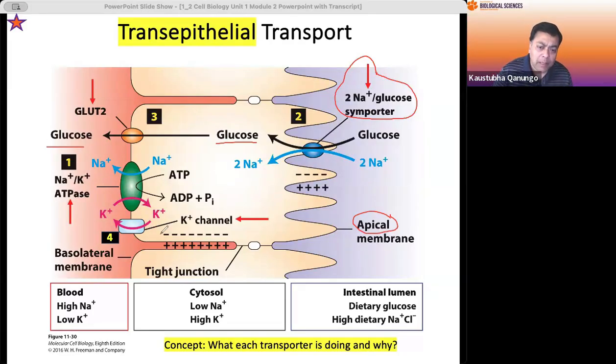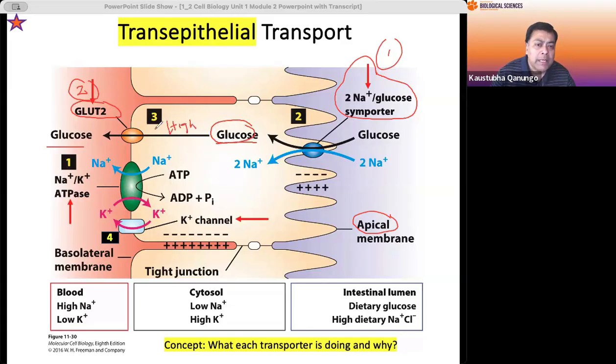On the basolateral surface you have the GLUT2 transporter. Remember that this GLUT2 transporter is also present in the liver. This has a high Km, and how it works is that the concentration of glucose as it's moving in is high in here.